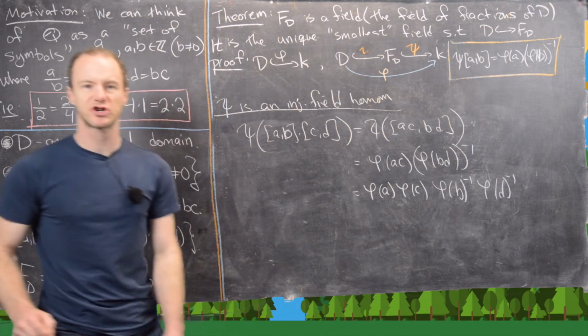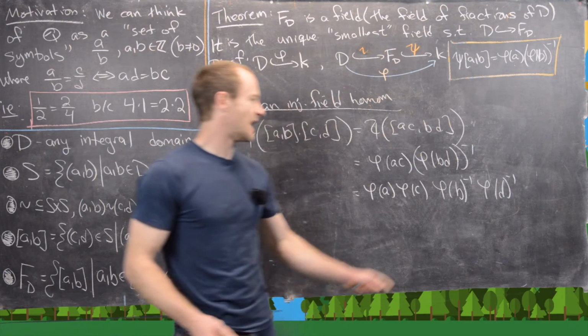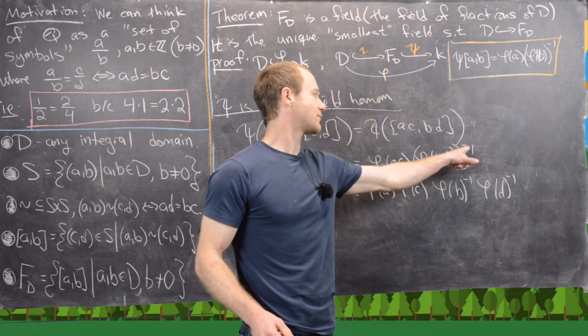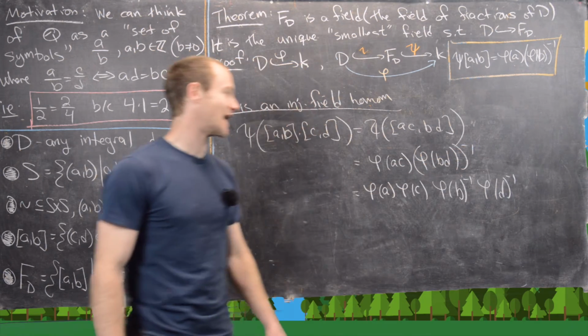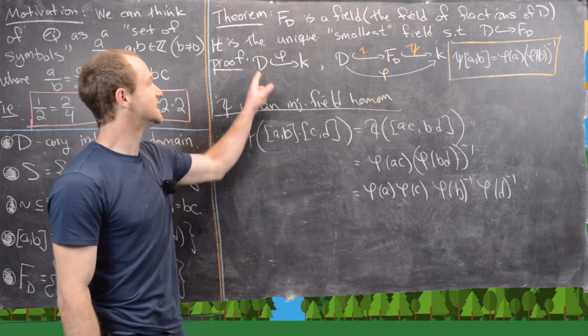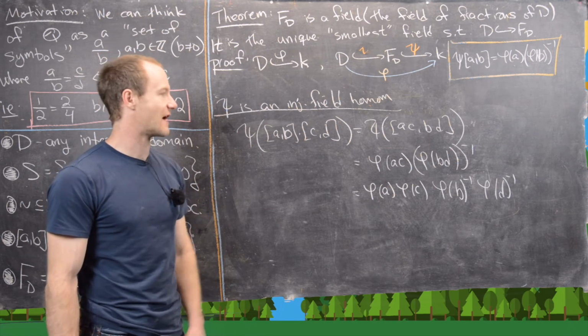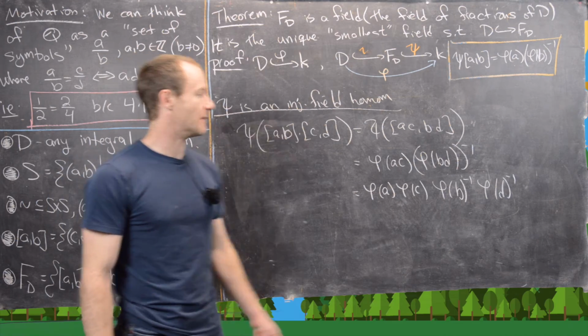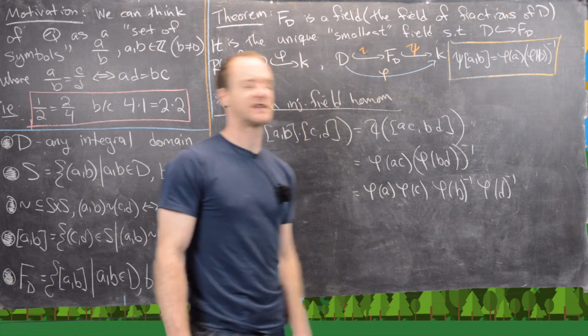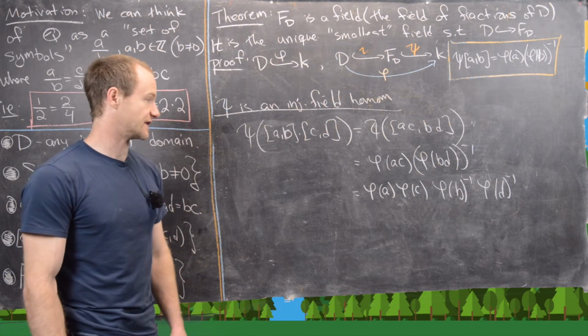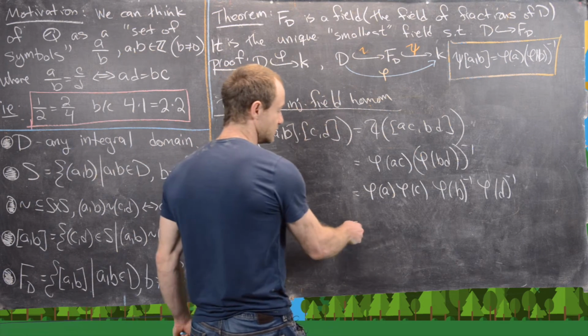And I'm using a little trick there which you might have to check, and that is we cannot bring the inverse inside of the homomorphism here because D is an integral domain. We don't know that everything is a unit. So there is something a little bit to check there, but it's not too hard, so I'll let you guys do it. Now the next thing we want to do is move some things around.